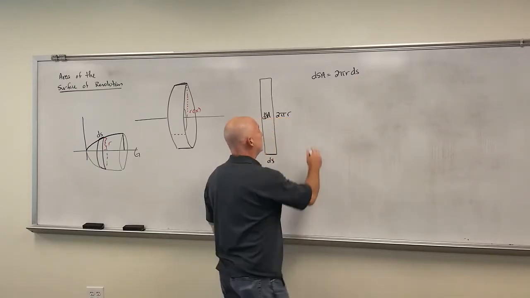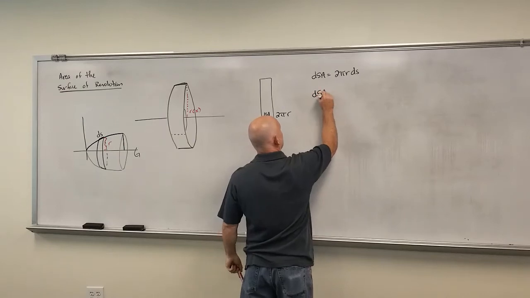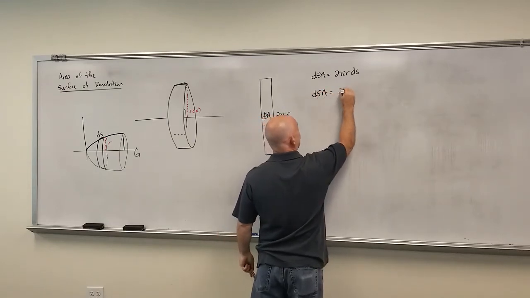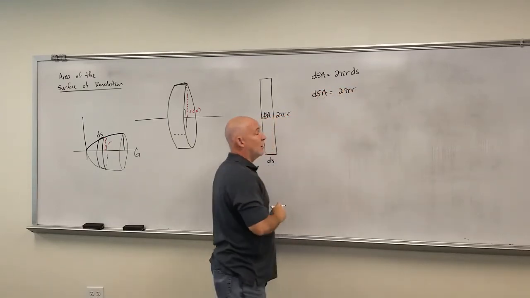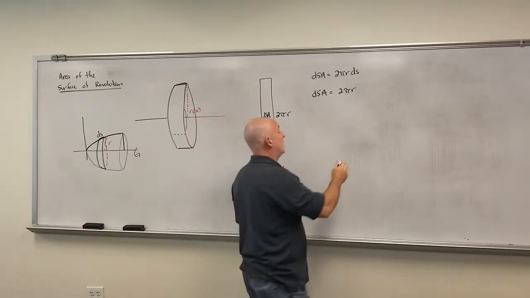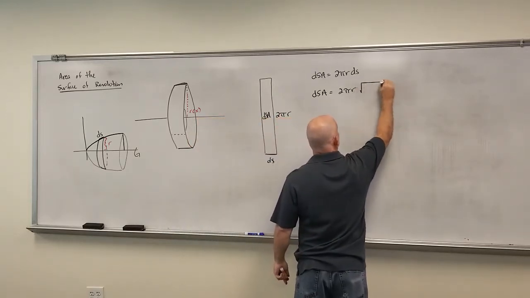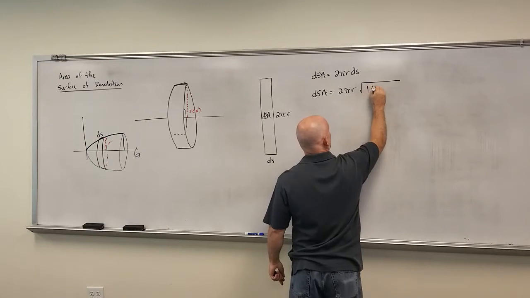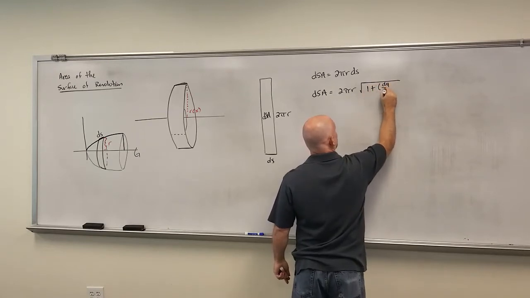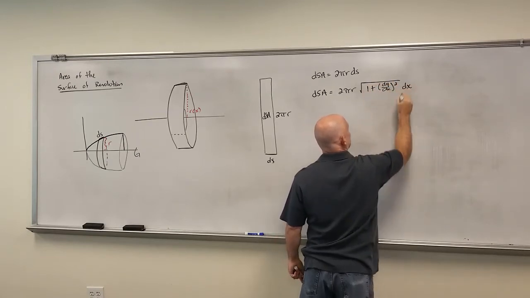Well, we saw from last lecture that we could represent ds either being a function of x or a function of y by writing it like this. I'm going to do it as a function of x for this first one. Square root of 1 plus dy/dx squared dx.